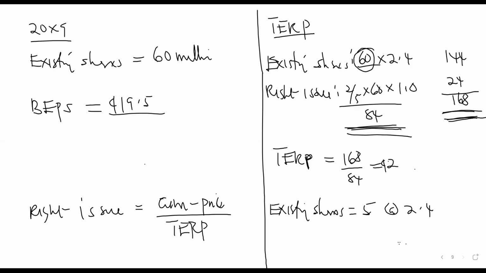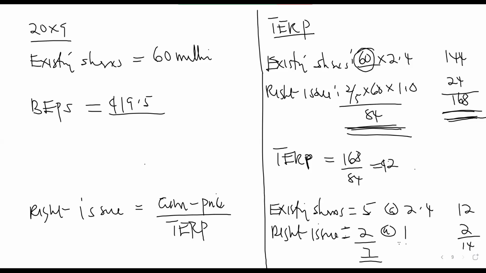So 5 times 2.4 is 12. For the right issue, how many shares are they giving now? You are bringing 5 and getting 2, so this will be 2 at 1 cedi. The value will give you 2. So that will be 14 and 7. Your theoretical ex-rights price will be 14 divided by 7, which is also 2.